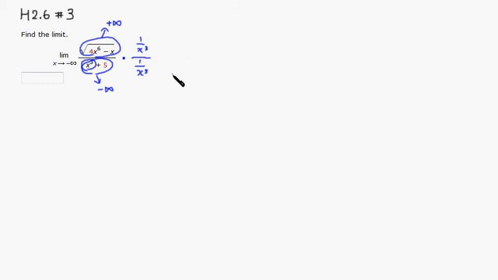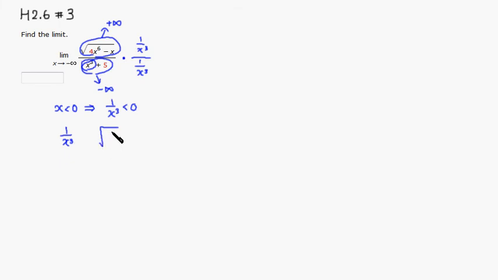But we have to know that x is going to negative infinity, so x is a negative quantity. Which means that 1 over a negative number cubed is still going to be negative. If you want to rewrite 1 over x cubed with the square root, whenever you put something inside the square root, you have to square it.